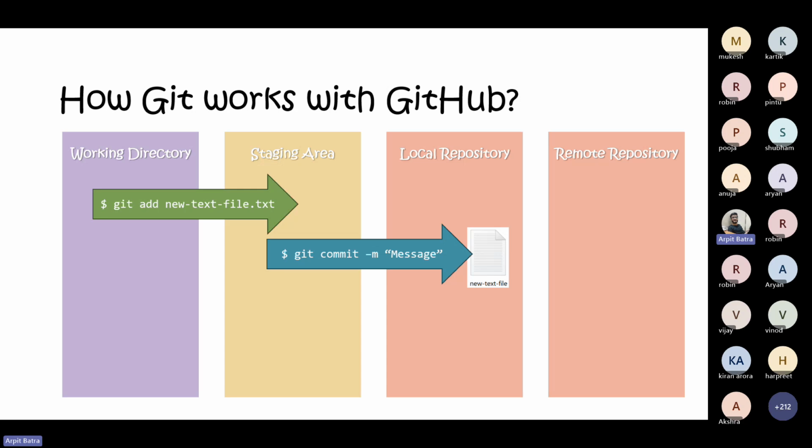Now we have GitHub key concepts. We have four to five concepts. The first one is fork, next is pull request, third one is star, and the last is watch. In the fork, it helps to create a copy of someone else's repository in your GitHub account. Then we have pull request.